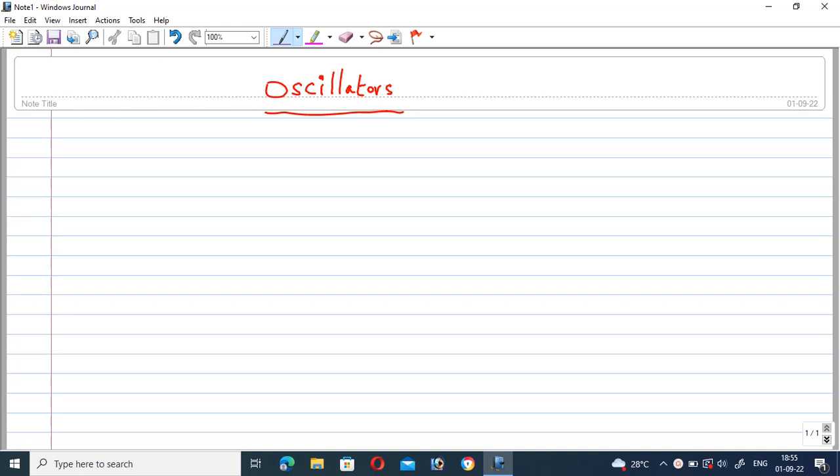An oscillator means a circuit which produces an output signal without taking an input signal. Those circuits are generally called oscillators, right?